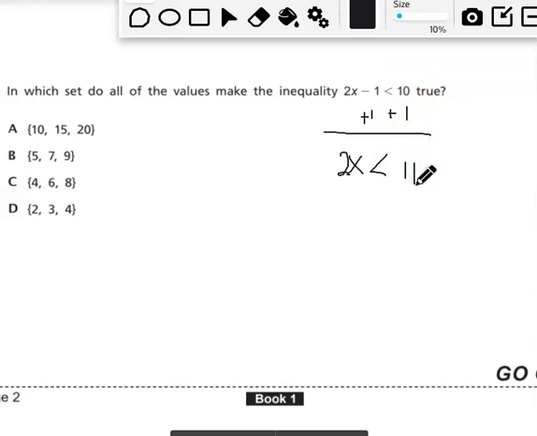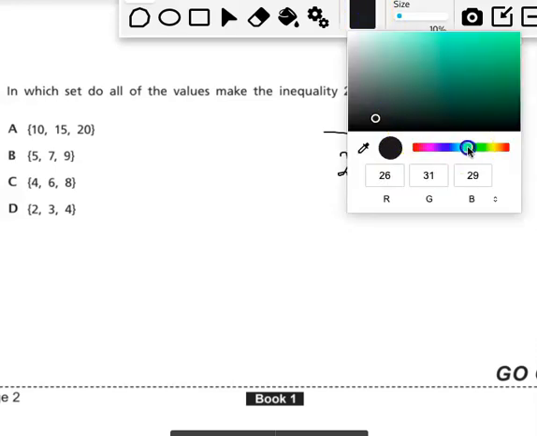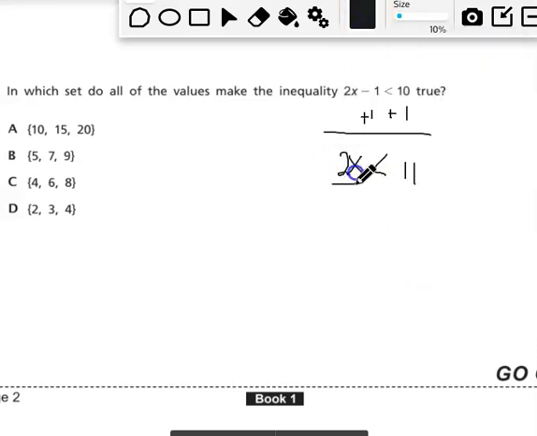Hold the word all. And then we could just divide this by 2 and divide this by 2. Then x will become what? 11 divided by 2 is what? 5.5.